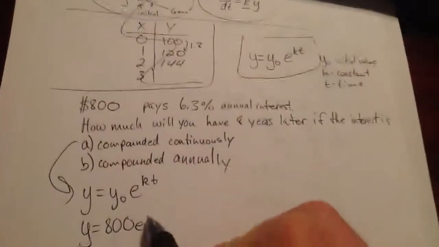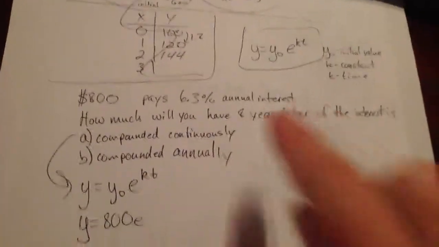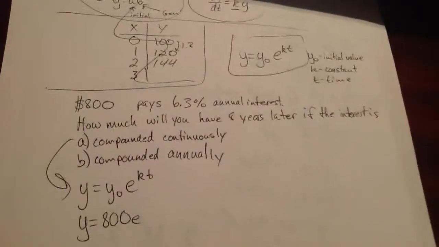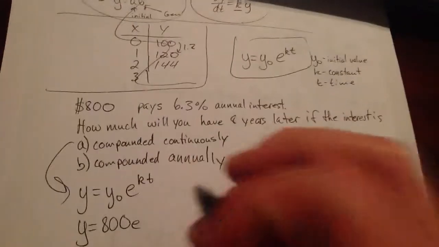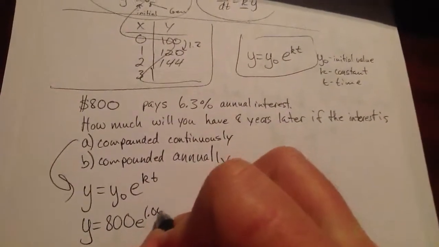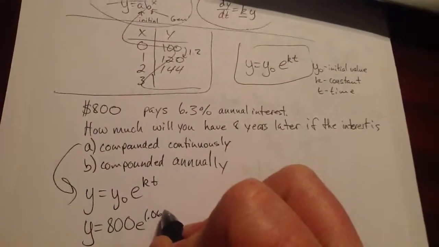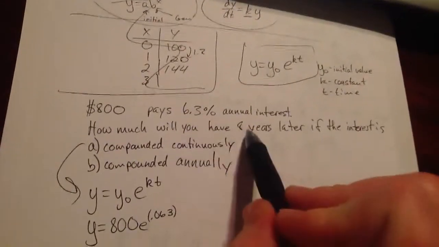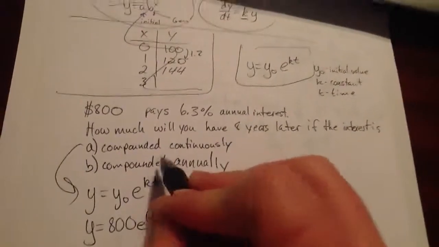The k, that constant, is just your interest rate, how much you're going to multiply by every time. So in this case, it's 0.063. And since it's annual interest and we're doing 8 years, our time is 8.